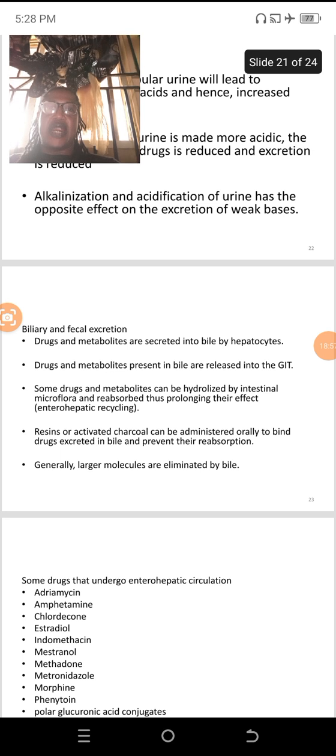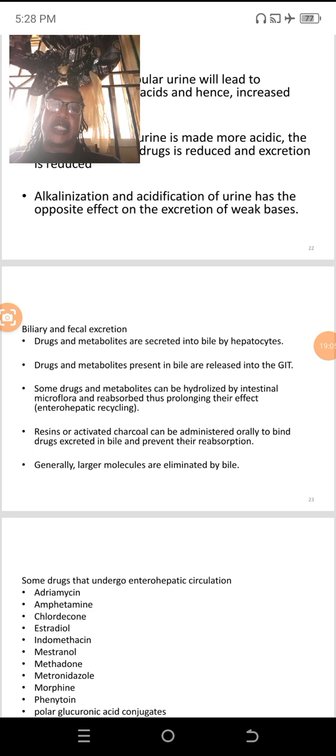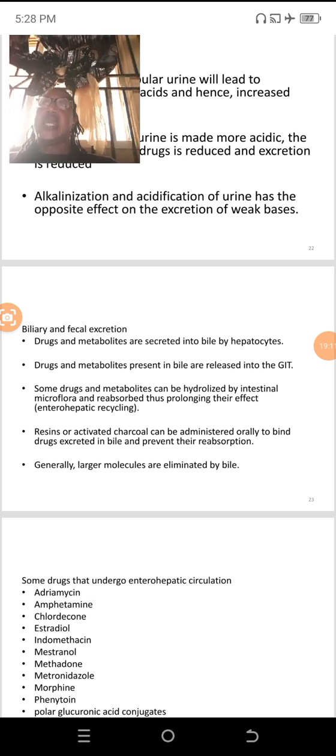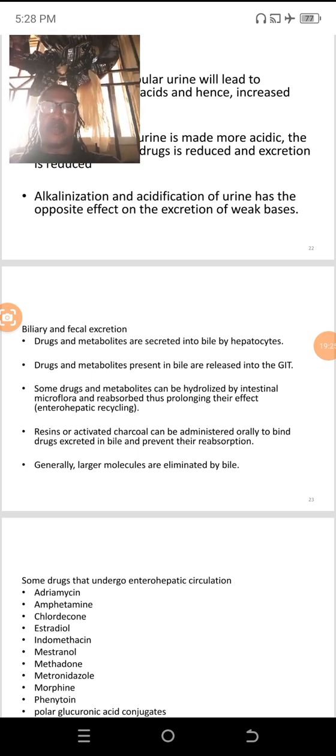Lastly, for biliary and fecal excretion, drugs and metabolites are secreted into bile by the hepatocytes. The same transporters that we mentioned earlier, the P glycoprotein and the multidrug resistance-associated protein type 2, are present in the kidneys and also in the hepatocytes, and they are responsible for secretion of drugs into bile.